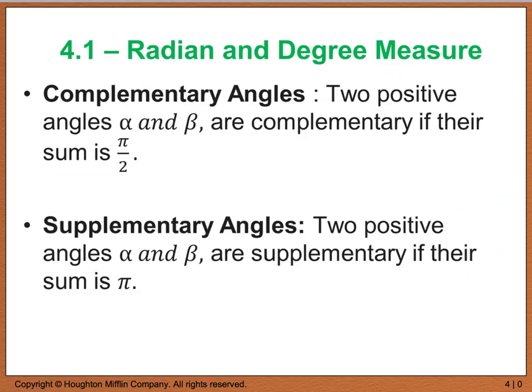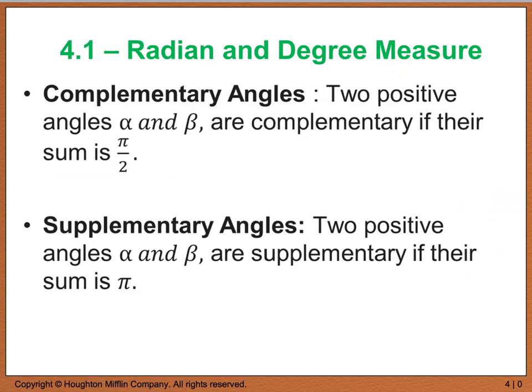We also have to review the concepts of complementary and supplementary angles. If you remember, 2 positive angles were complementary if their sum was 90 degrees. That's what you guys used in geometry. Well, now we know that 90 degrees is really pi over 2. So if I take 2 angles and add them together in radians and I get pi over 2, then I have complementary angles.